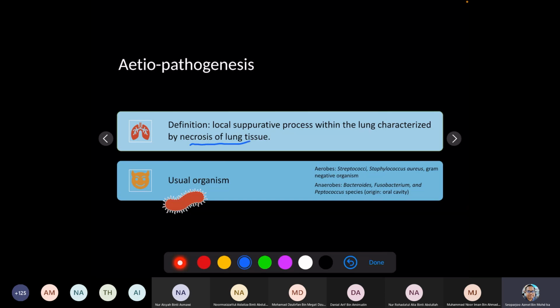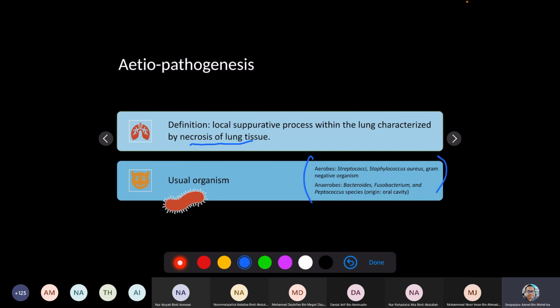The usual organisms, you can read afterward, but the most common are Streptococcus, Staphylococcus aureus, gram-negative organisms, Fusobacterium, and also Peptococcus species. But actually, all of these organisms depend on the cause of this abscess.